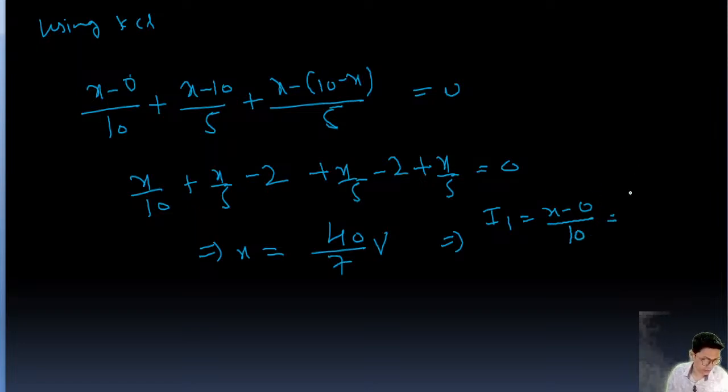X value is 40 upon 7, upon 10, which is going to be 40 by 70, or 4 by 7, right?